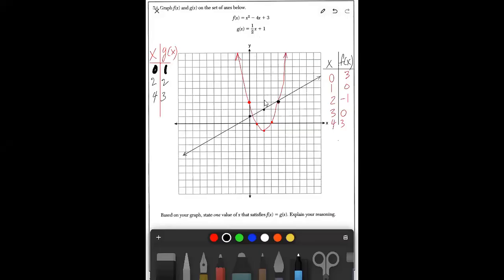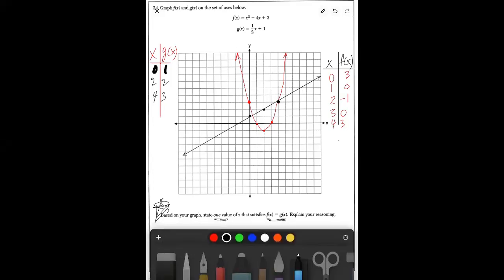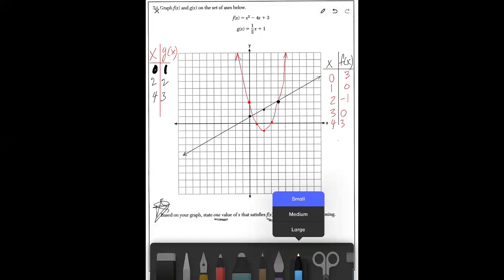And this graph that I just did with these 2 tables is worth 2 points. Now, to get the other 2 points, I have to answer the question down here. It says, based on your graph, state one value where f of x. Now, let me say this again, because I need you guys to see this because we keep missing these.